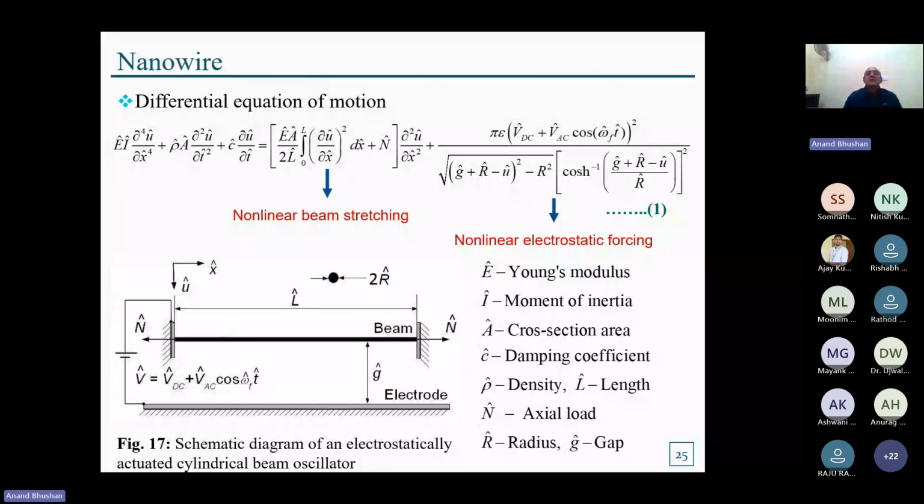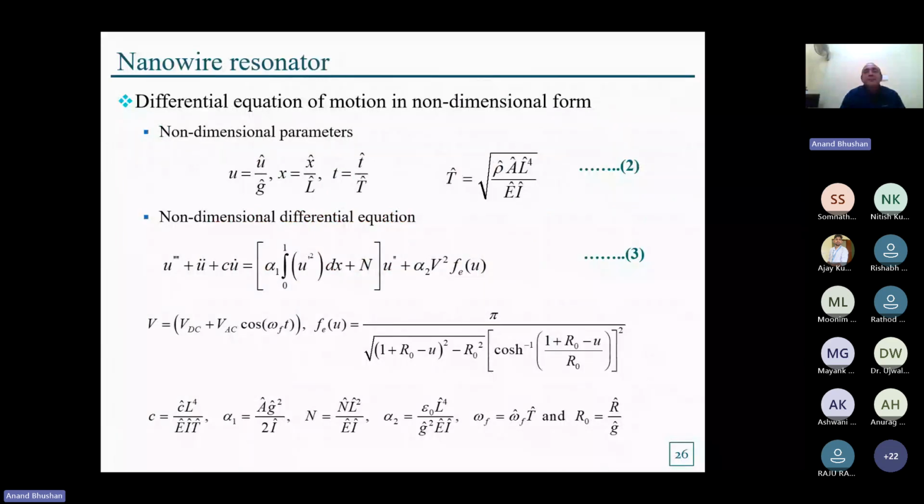Again, in a similar fashion, we non-dimensionalize the equation by introducing the non-dimensional variables as per equation 2, and after that we get the non-dimensional differential equation as equation 3. We solve it numerically in MATLAB. Figure 18 shows the static characteristics of a nanowire resonator.